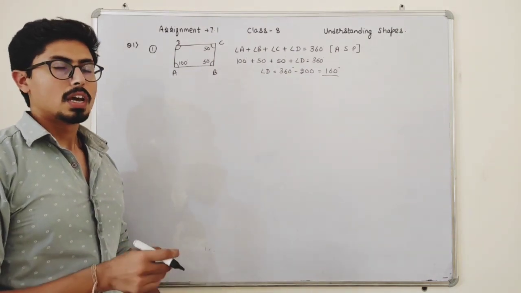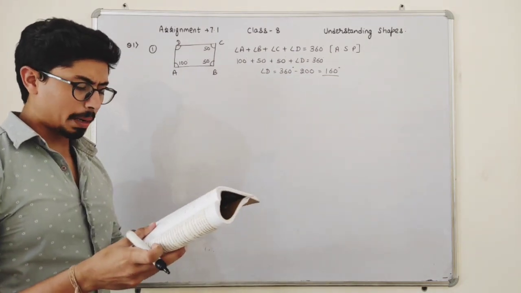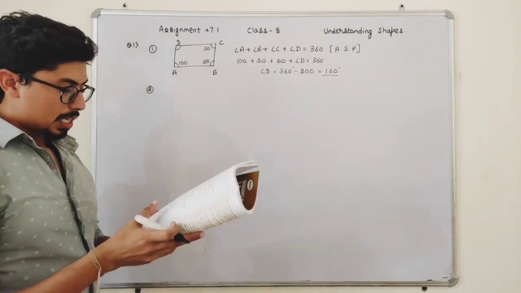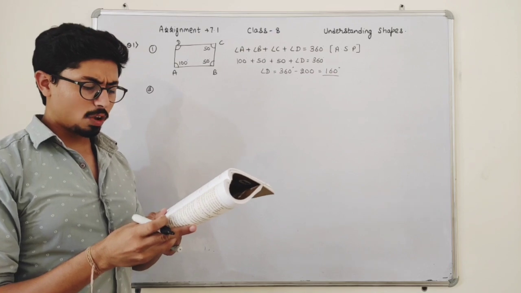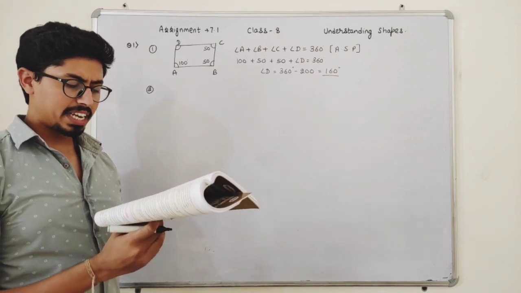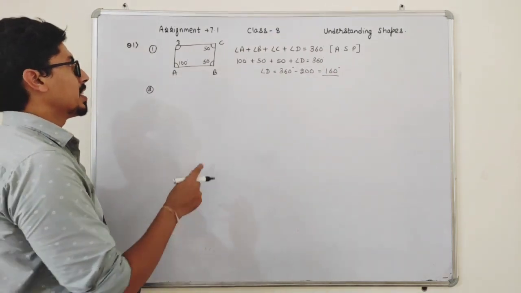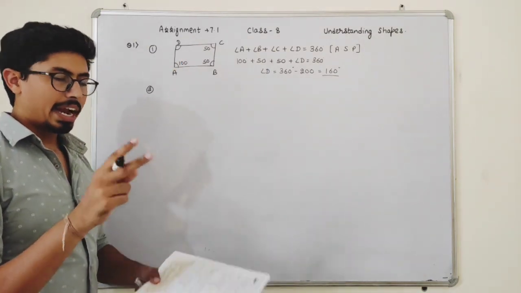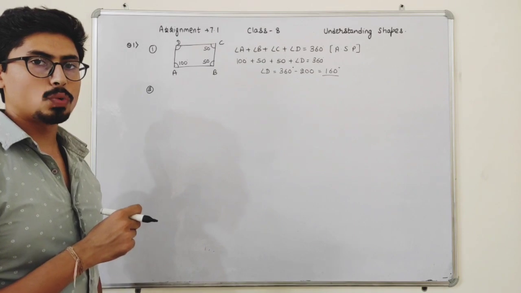Okay, students. Now, first question, second part. The measures of two adjacent angles of a quadrilateral are 130 and 30 degrees. Two angles are given as 130 degrees and 30 degrees, and the other two are equal.